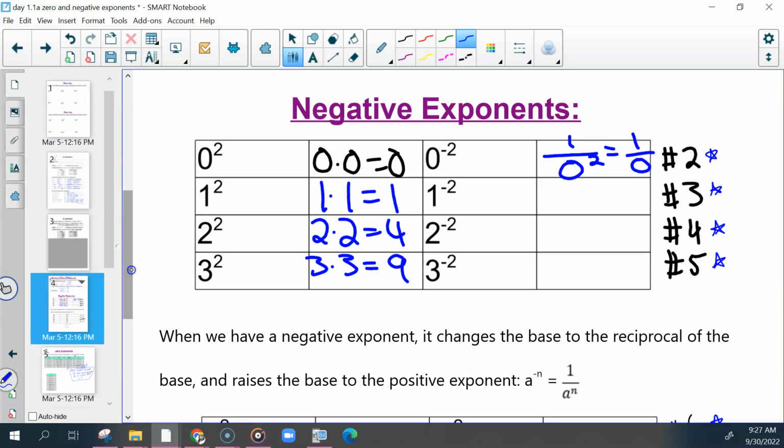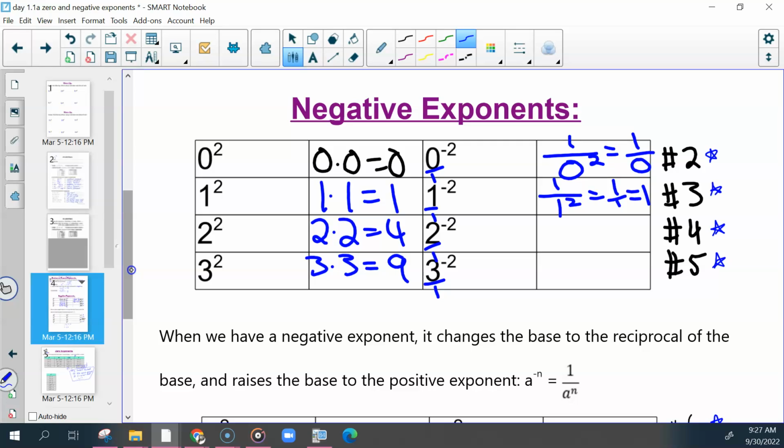Same thing for the 1. All of these numbers have individual or invisible 1s underneath, like they're fractions. So when I take it and I flip it, I still have 1 over 1. We know 1 squared is still 1. So this doesn't really change what it already was. Where you really see that change is with other numbers.